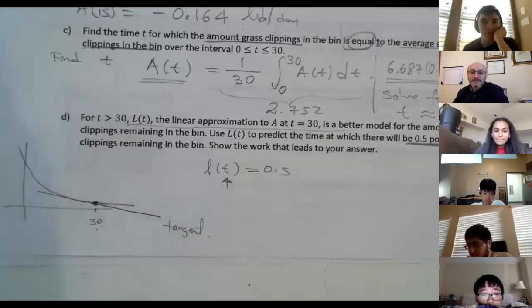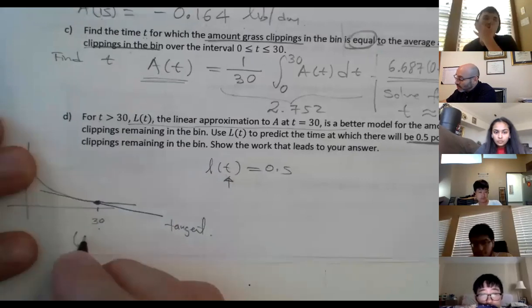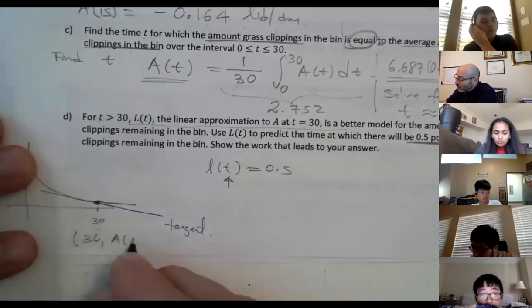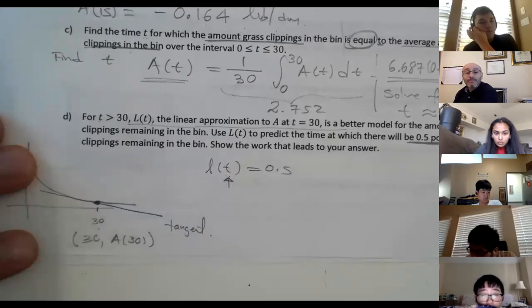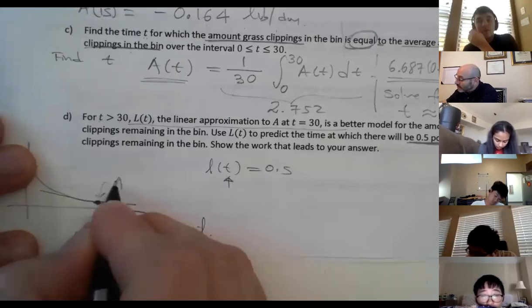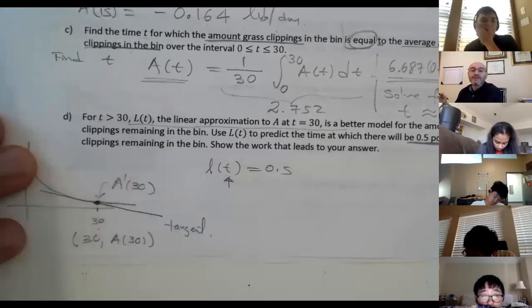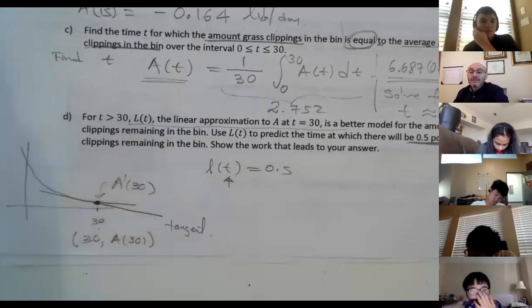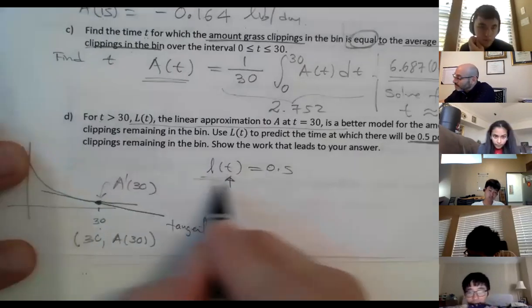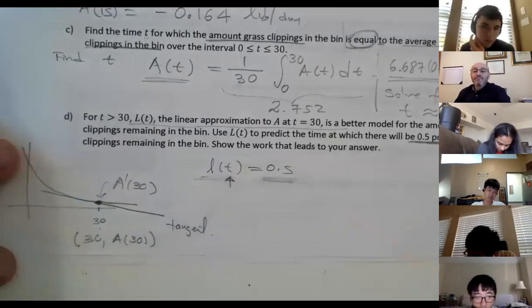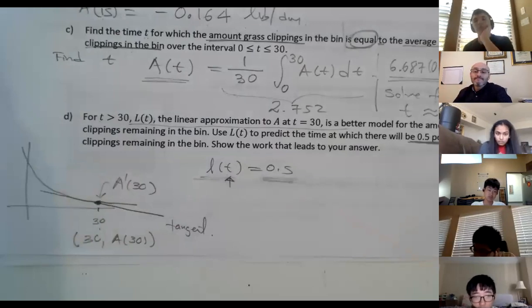Does it make sense? So basically you need 30, A of 30. That's going to be the point that you need. And you need the derivative at 30 to be able to come up with the equation of that line. And once you have the equation of that line, you set that equal to 0.5. And that's your solution.